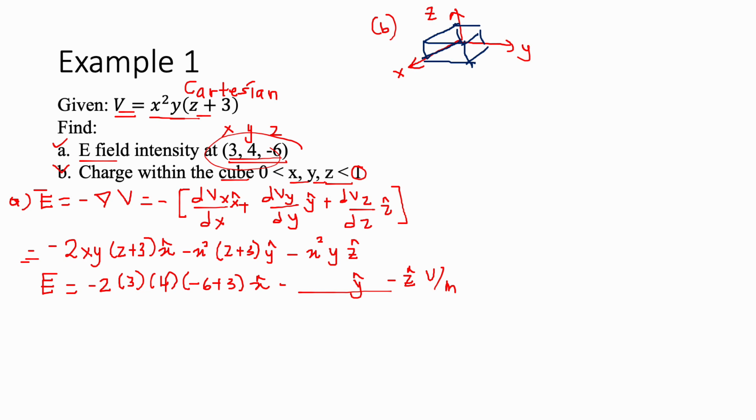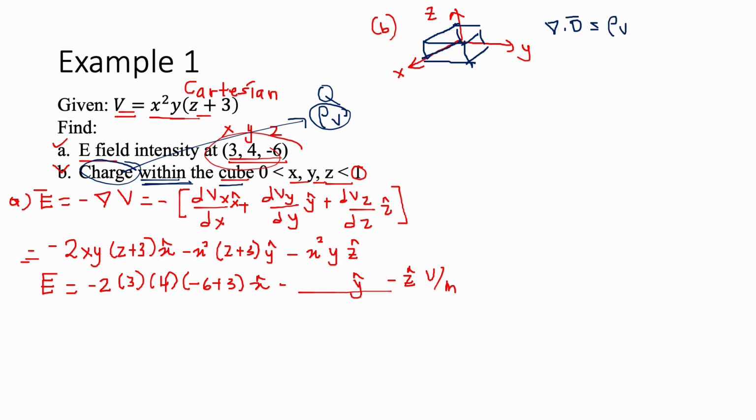So what do we need to find? We need to find the charge. The charge will be rho v or Q. But they said within the cube, meaning inside the cube, so it definitely refers to rho v. So how do we solve this? From the first Maxwell equation, divergence of D is equal to rho v.